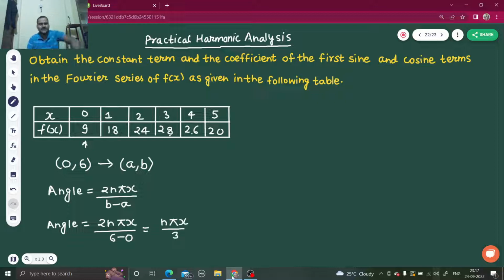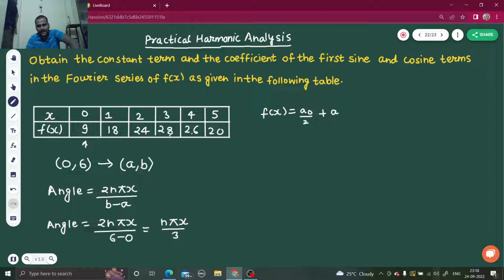Also, the Fourier series you all know is like this: f(x) equals a naught by 2 plus summation of an cos nx plus summation of bn sin nx.